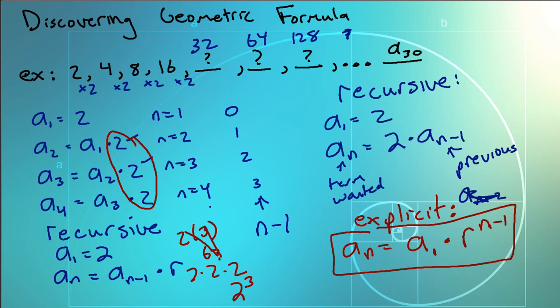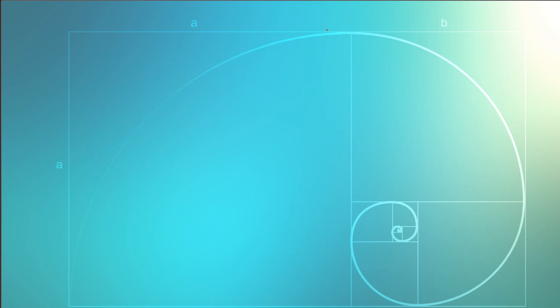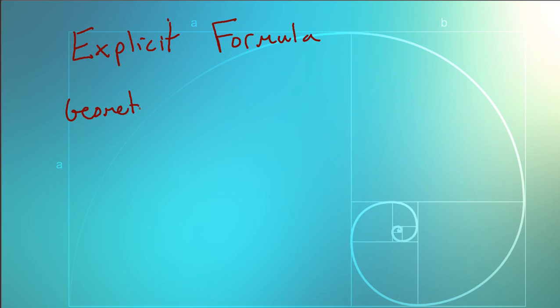So bottom line, what is it that we figured out? Well, hopefully you were able to follow along, but we found an explicit formula for geometric and arithmetic sequences.